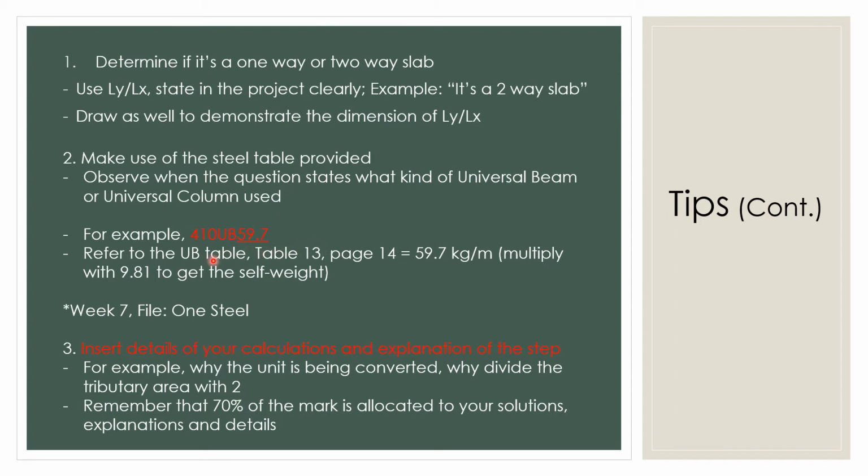So if you refer to the UB table, so table 13, page 14, you get the number, and then if you need to find the self-weight, you need to multiply it with the 9.81 number. Where you can find the one steel table, you look into week 7 section. The file's name is one steel.